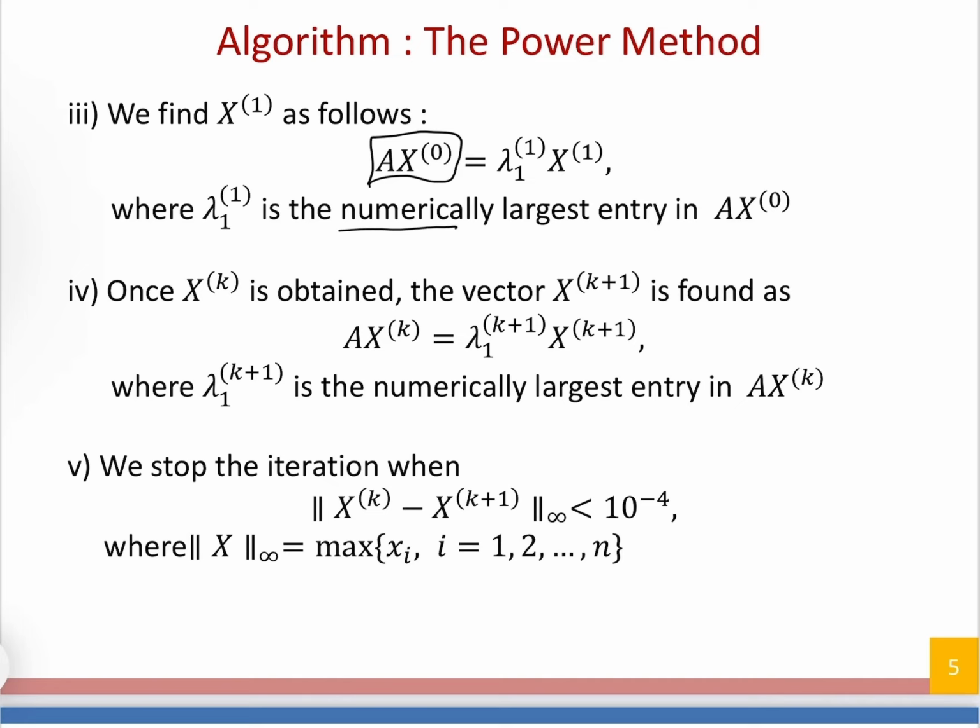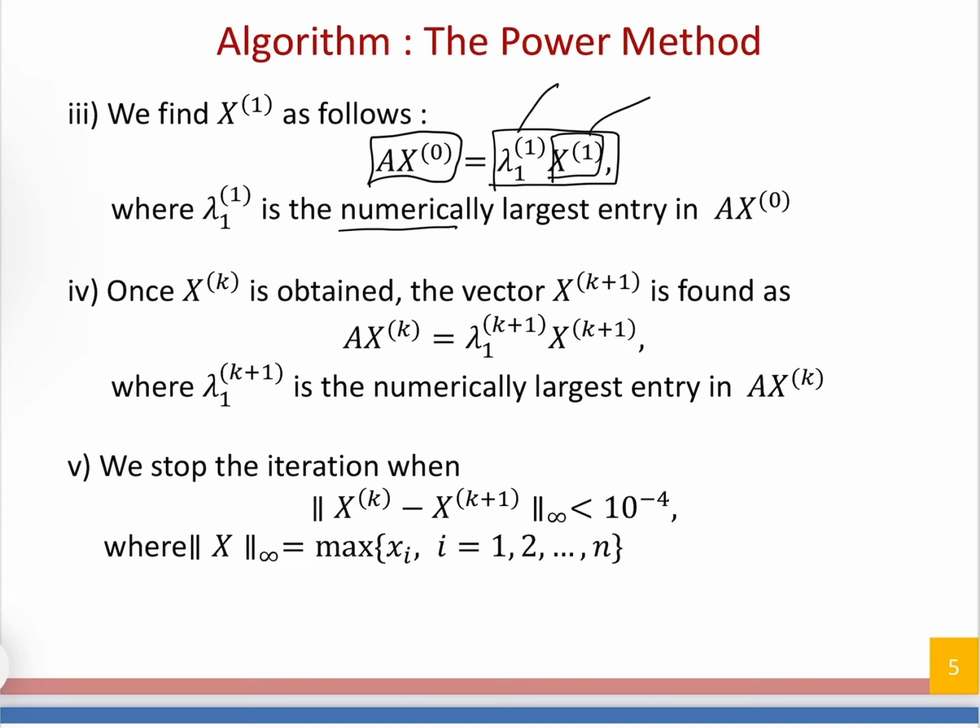Once identified, you can write this column vector as this scalar, that is lambda 1, the numerically largest entry in this column vector, times another column vector, by extracting it outside the column vector. And this is the first approximation to the dominant eigenvalue, and this is the first approximation to the dominant eigenvector.